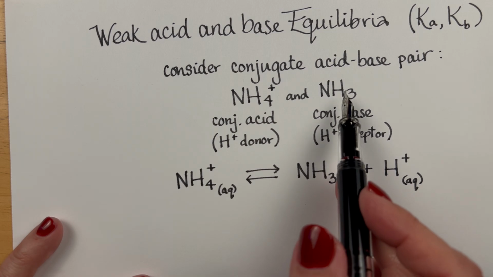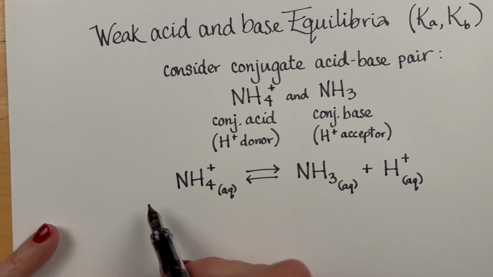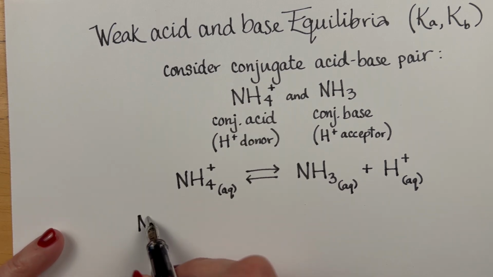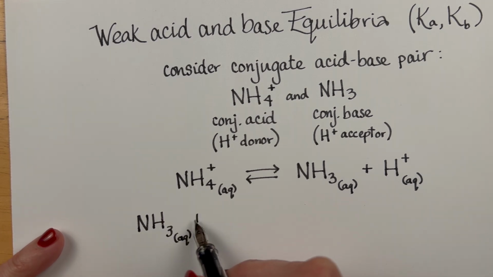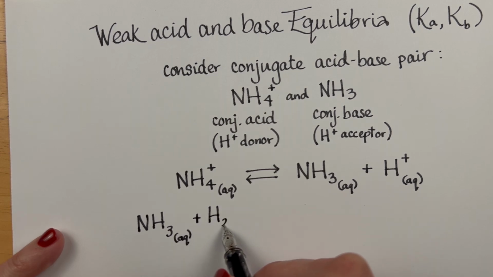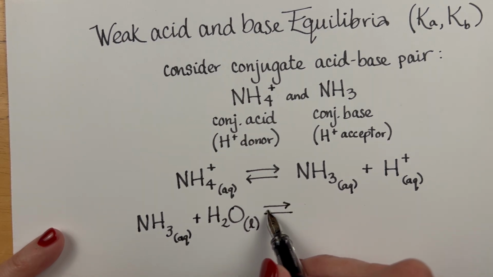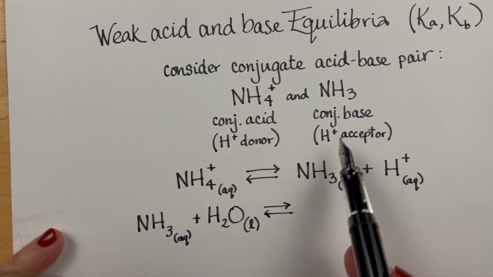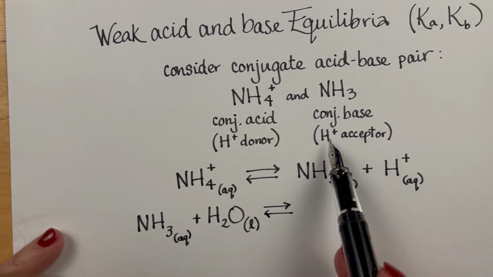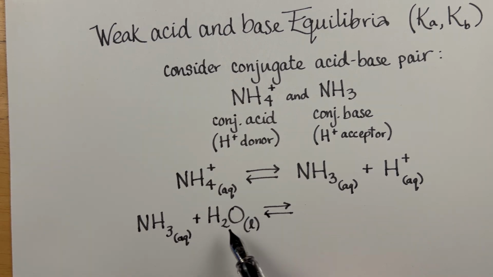Now what about the conjugate base NH3? What that can do is react with water, and because we're looking at it as a base here, that means it's a hydrogen ion acceptor. So it is accepting an H plus ion from the water.